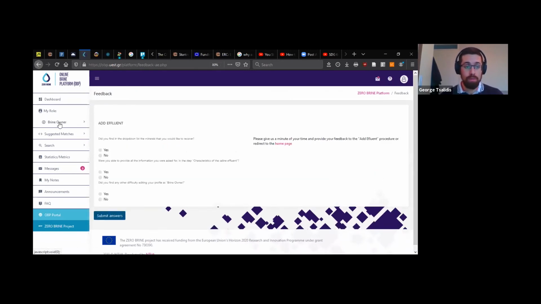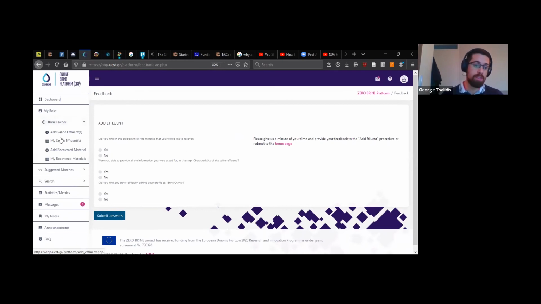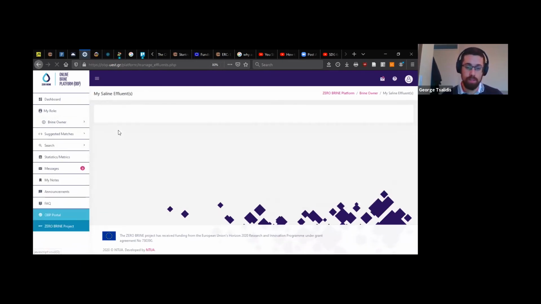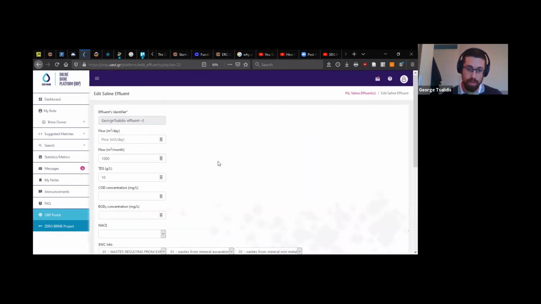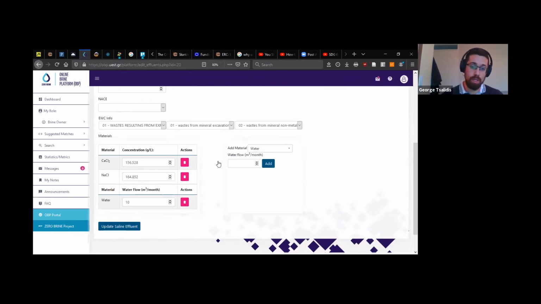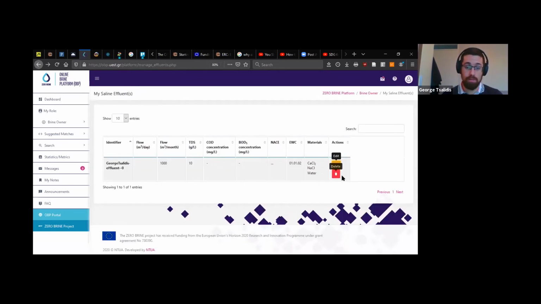If I go to the left side, then I can see my saline effluents here, and I can modify them. If I press here, I'm going to modify the information that I have already given, and I can even delete them.